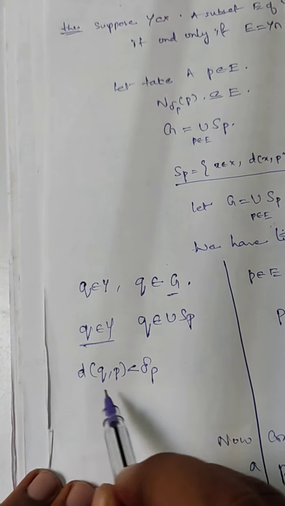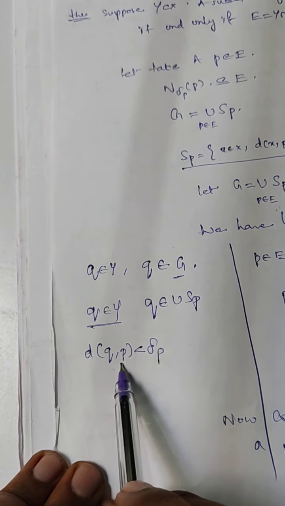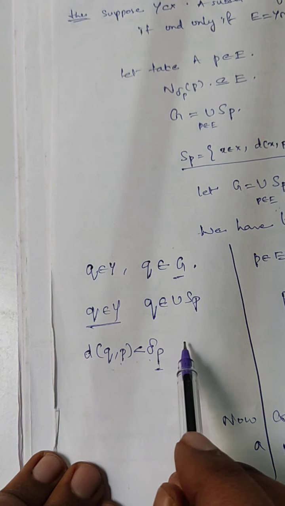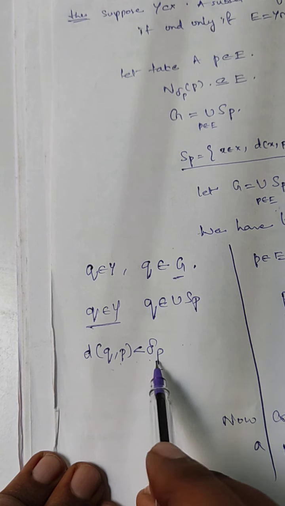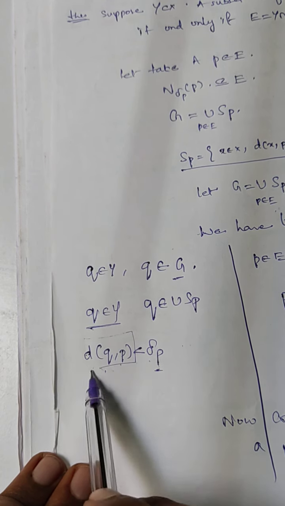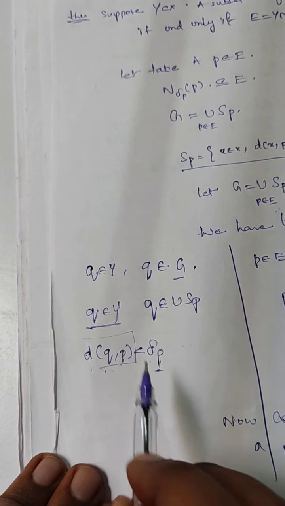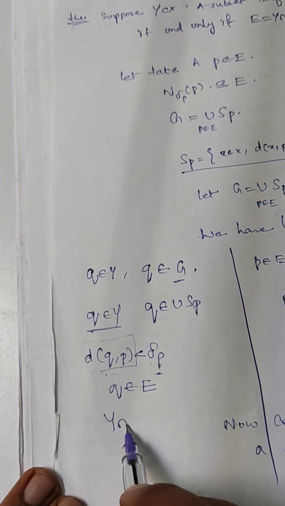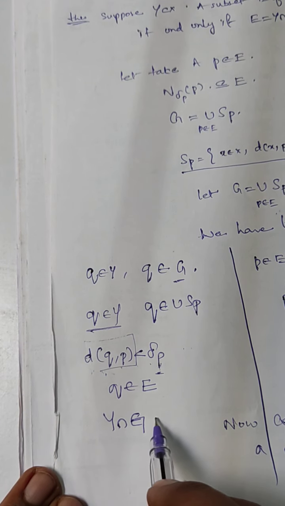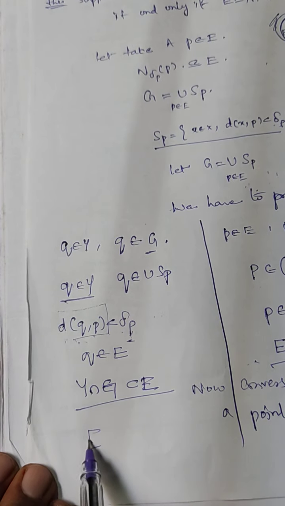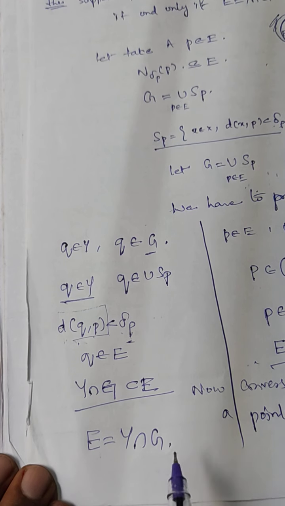Okay, sorry for that. Distance from Q to P is less than δ_P. We have already taken a point that belongs to Y, and we are getting the neighborhood of Q which belongs to this N_δ(P). So from there we can write Q belongs to E. From there we can write Y intersection G is a subset of E. From this and this we get that E equals Y intersection G.